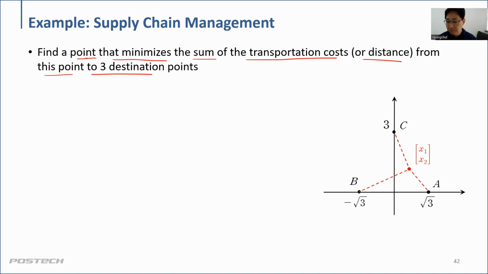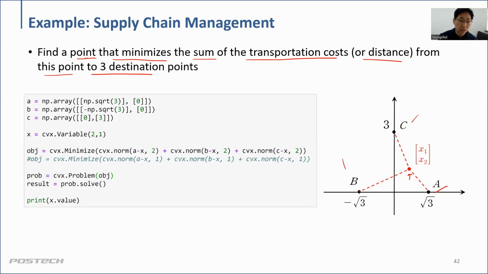Say you have A, B, C as destination points, and you want to find a location somewhere in the middle that minimizes the traveling cost. In that case, again, we can formulate it and find the solutions.